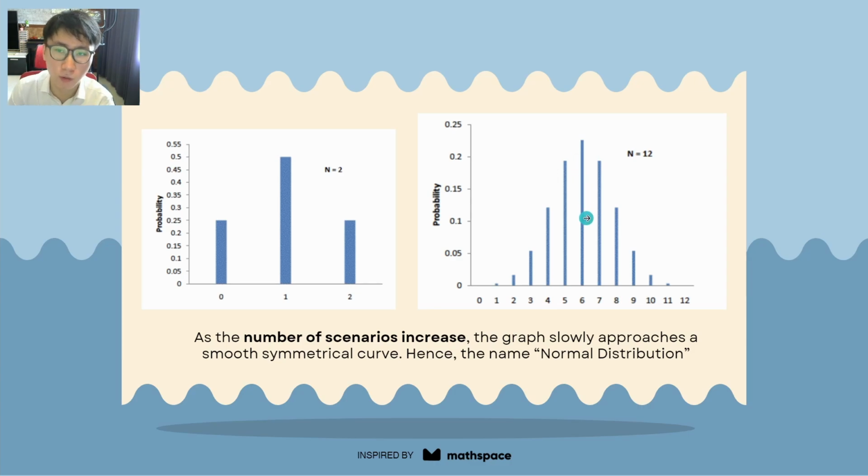But as we stray away from the mean, let's say we want to get 3 heads, it's less likely to happen because again, it's symmetrical. This is the observation they found with the probability of 0.5, which is the probability of getting heads. It's less likely to happen if you stray away from the mean.